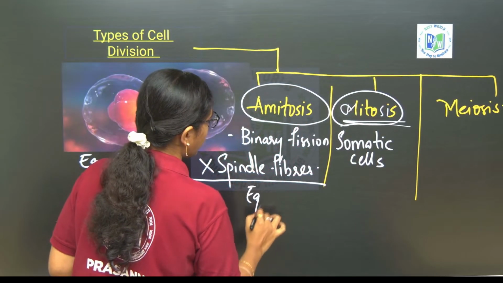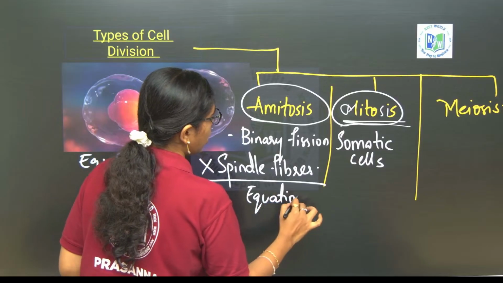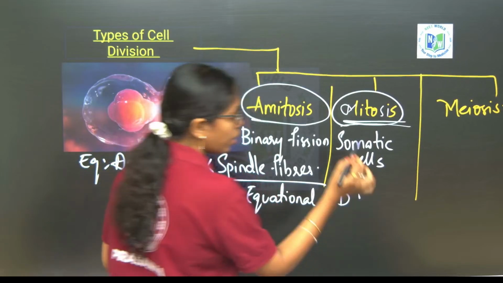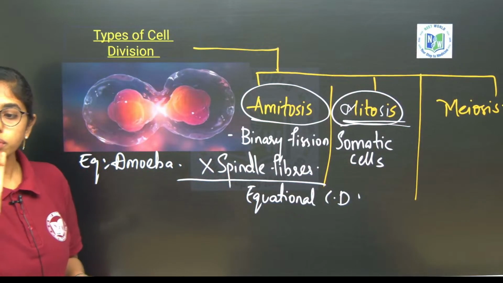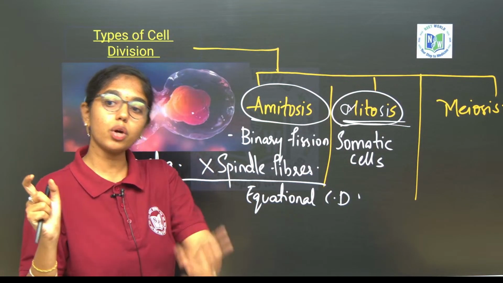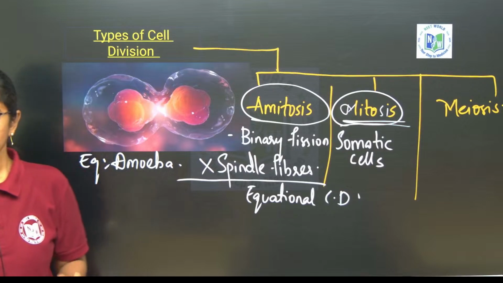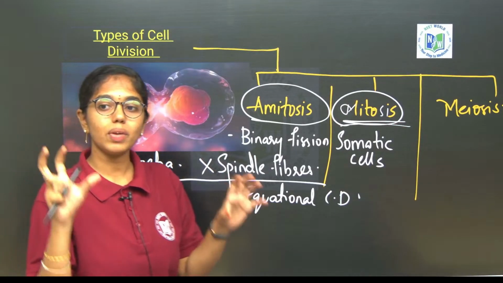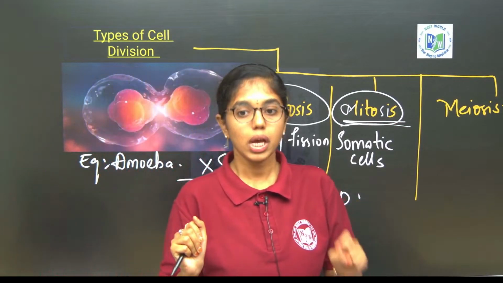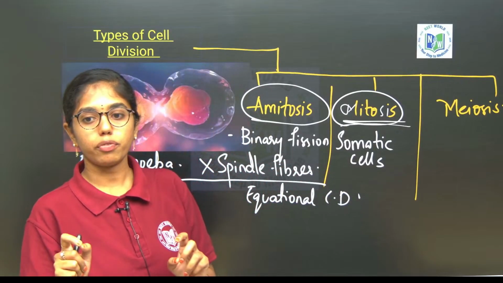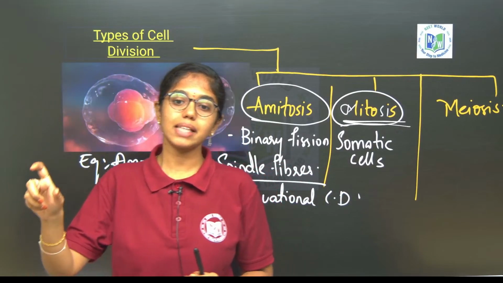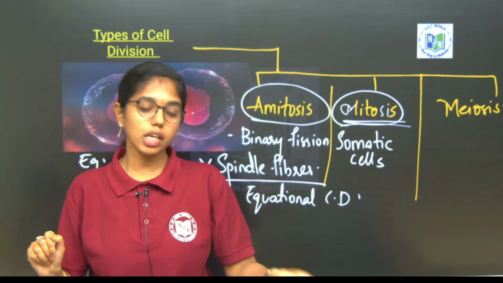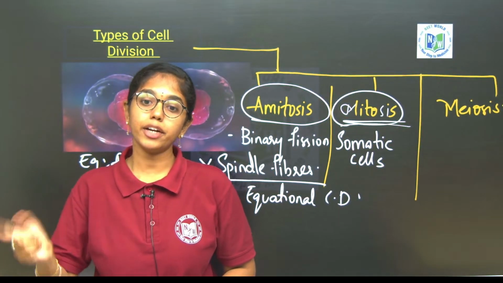This is called equational cell division because the number of chromosomes present in the parent will be equal to the number of chromosomes in the daughter. Both the daughter cells and the parent cells will have equal number of chromosomes. For example, parent cell is having 46 chromosomes, daughter cell also will have 46 chromosomes at the end of the division.